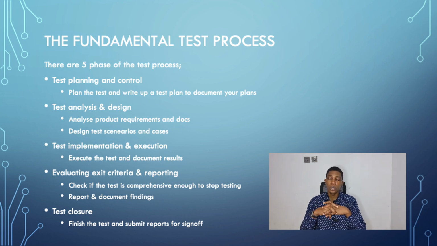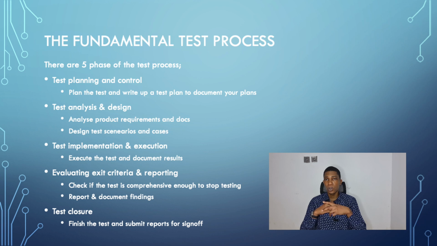Test closure. When testing has been considered complete, you can move on to the test closure phase. In this test closure, you need to perform a check that all the deliverables have been accepted and signed off, archive the testware, close the environment, analyze all the lessons learned during testing, and use that information to improve the test maturity.